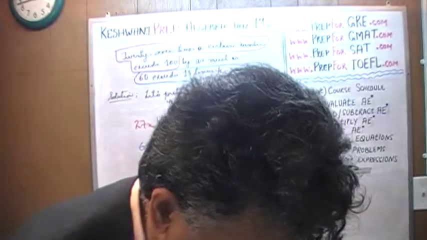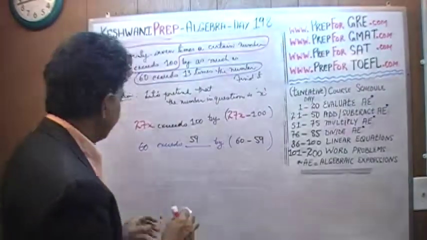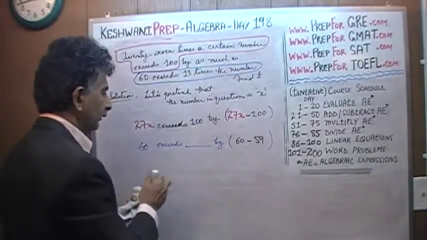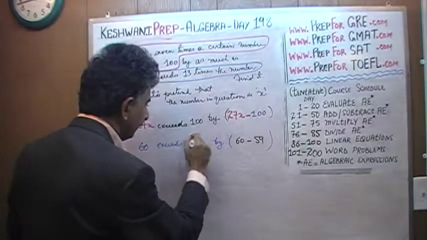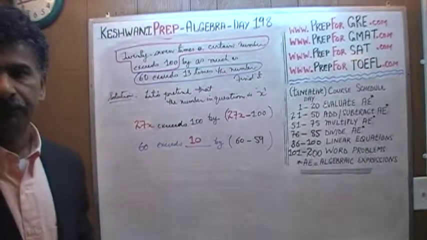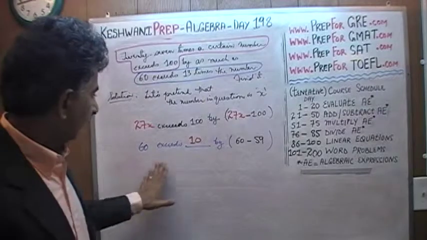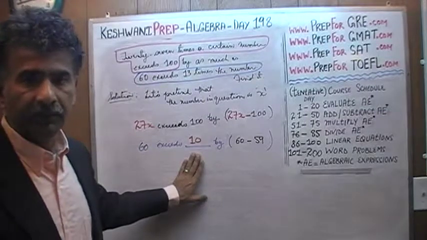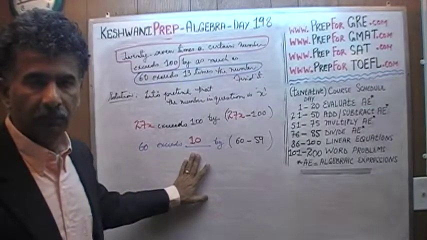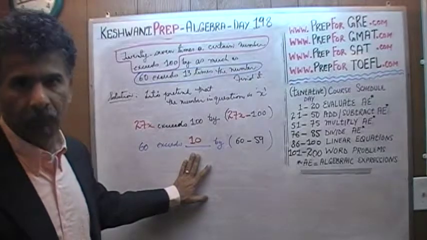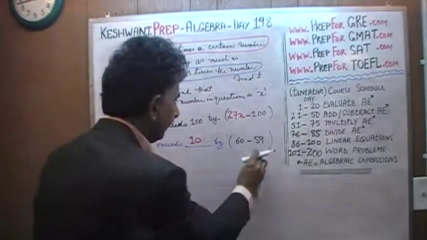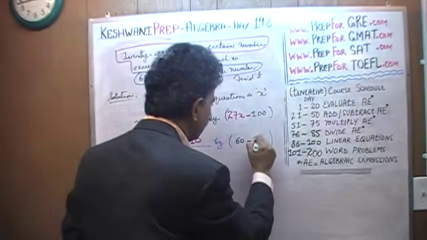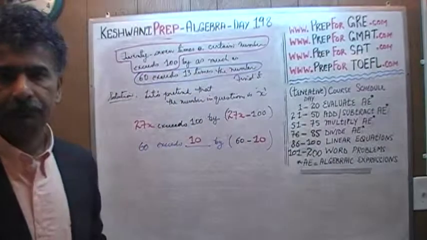If the question were 60 exceeds 10 by how much? 60 exceeds 10 by 50. In other words, 60 is 50 more than 10. How do we find it? By subtracting 10 from 60.